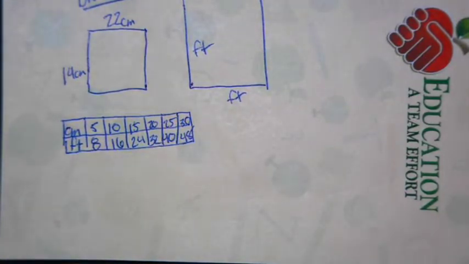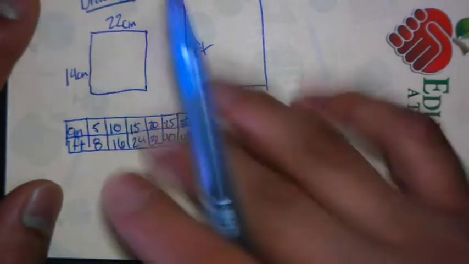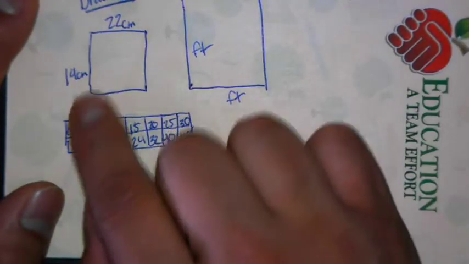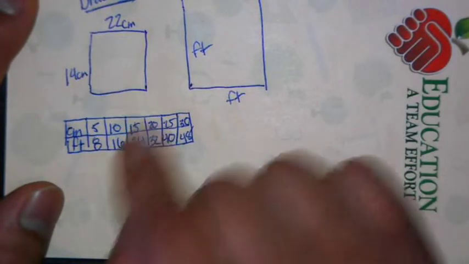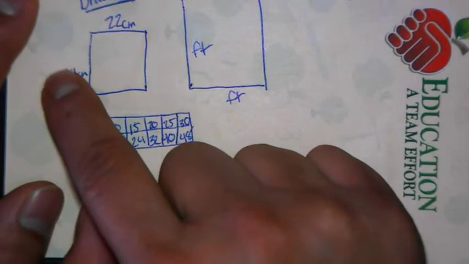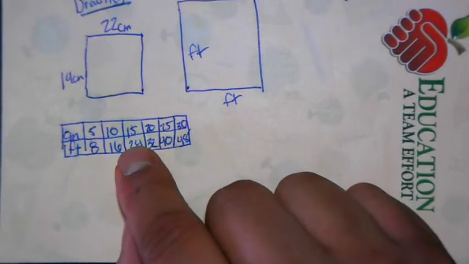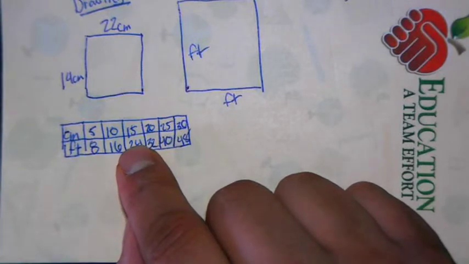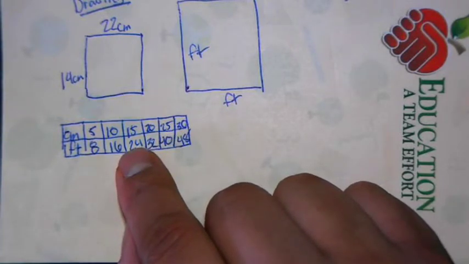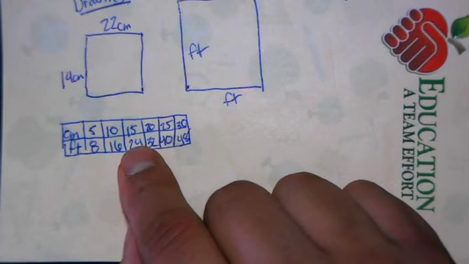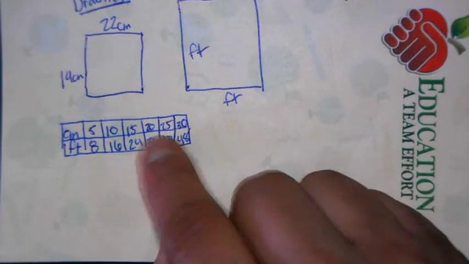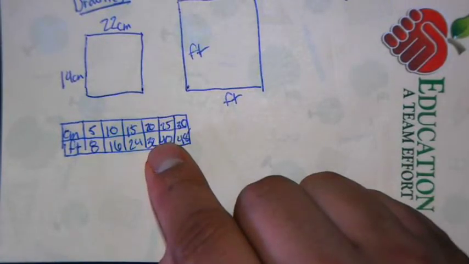But again, going back to scale factor, this will let me know for every so many centimeters, I should have that many feet. So when I have 14 centimeters, my answer is going to be around right here. So I should have a little bit less than how many feet? 24. And up here, if I have 22 centimeters, my answer should be a little bit over 32.